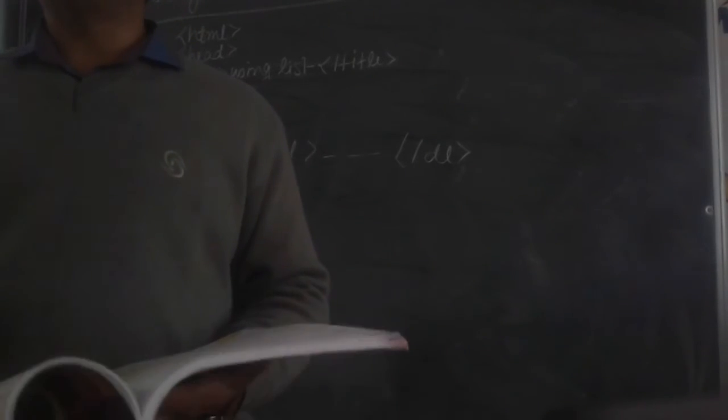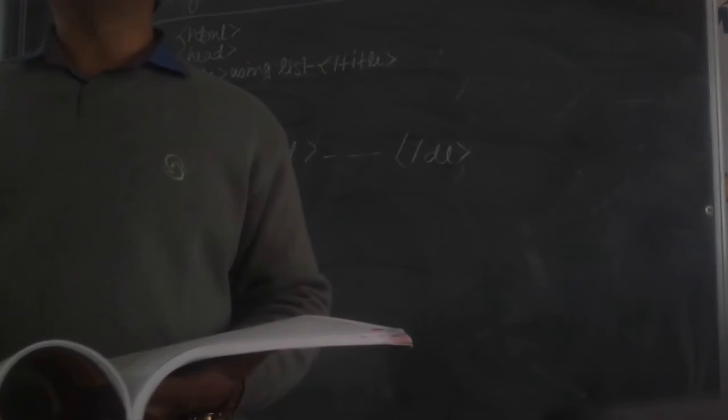Like in unordered list we are using UL, and in ordered list we are using OL, DL will be used in description list. It is used to represent the list of items that we are having. This is a separate format only.